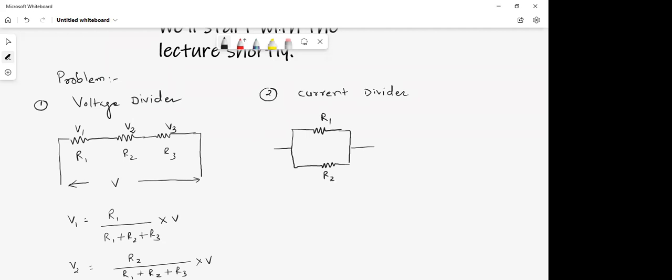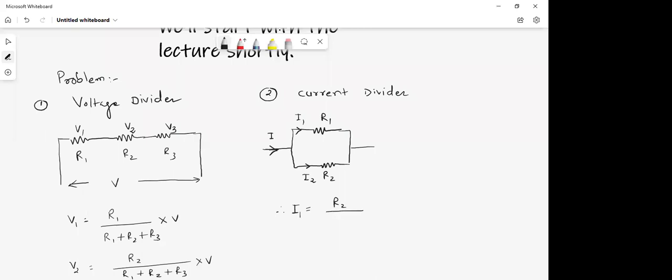If there are two resistors carrying current I1 and I2 in parallel, and the current which is to be divided is something I, then you can calculate I1 as opposite resistor. Please be careful over here.